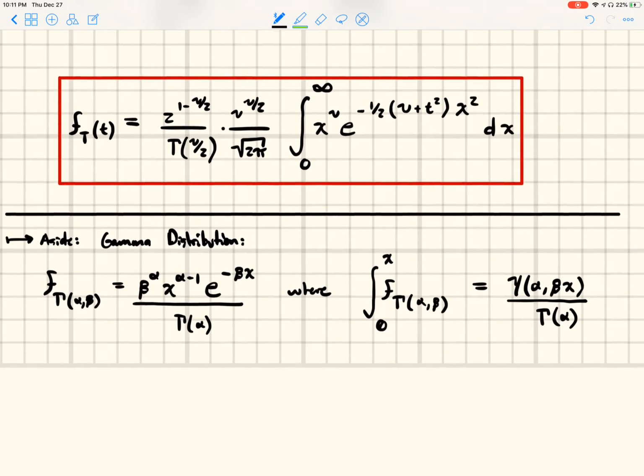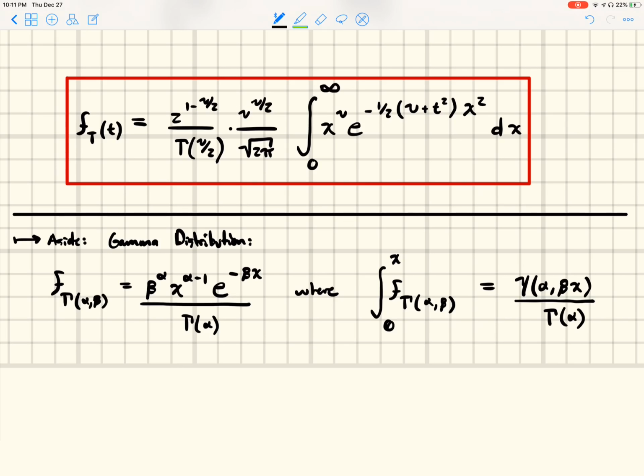And one salient feature about the lower incomplete gamma function is that in the limit as x goes to infinity, the lower incomplete gamma function simply becomes gamma of eta, irrespective of eta and beta. And those facts and features are going to help us resolve that improper integral above.